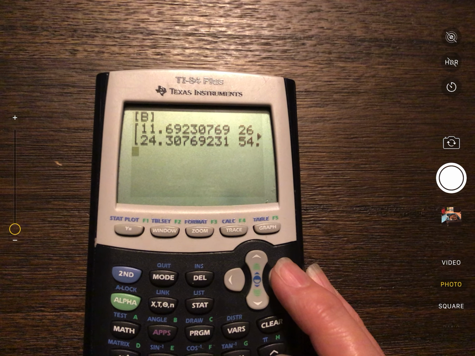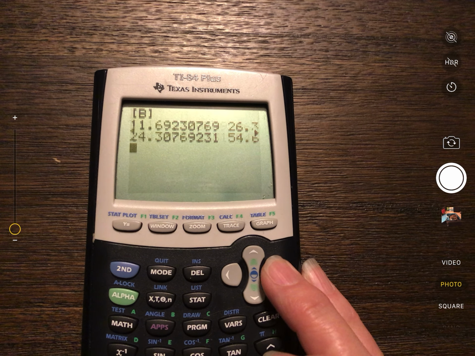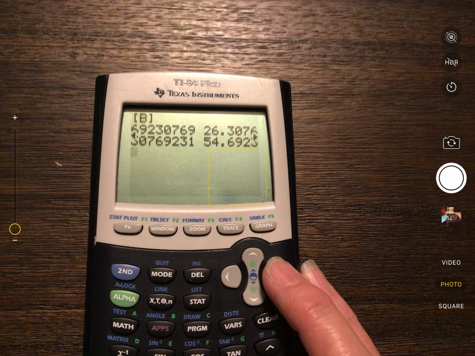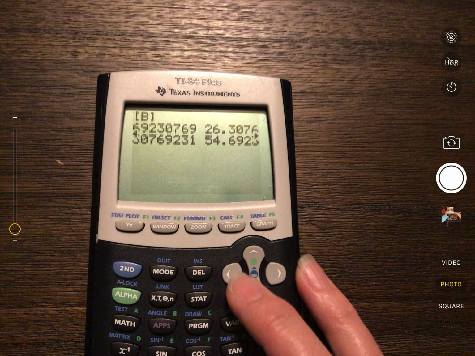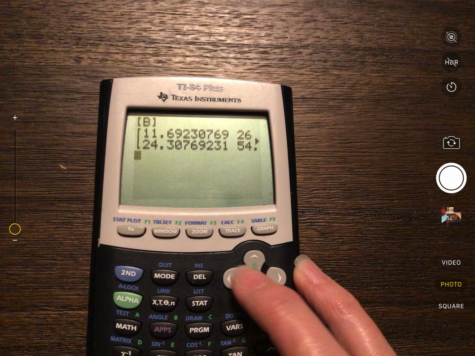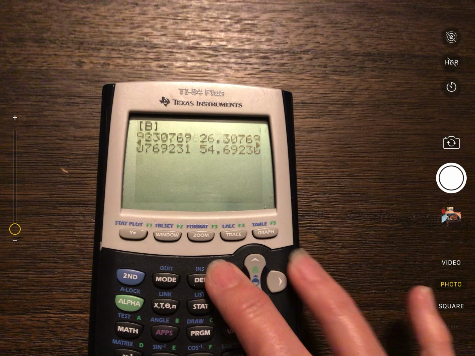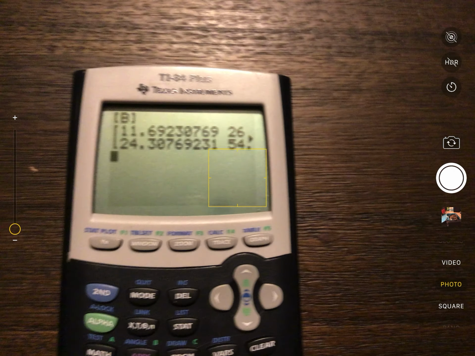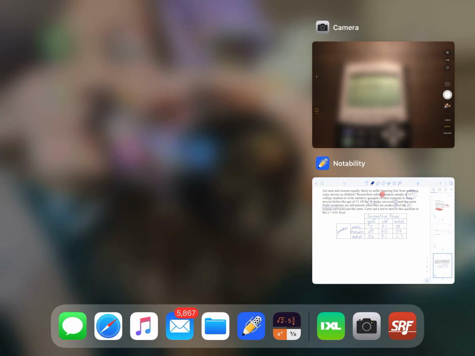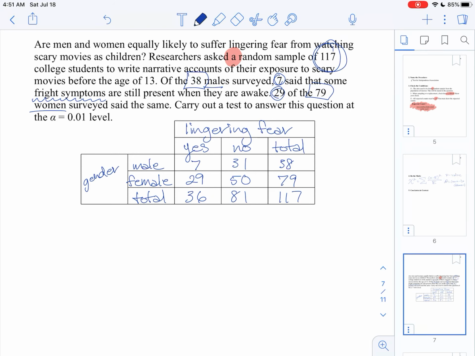B is 11.623, and then 26.308, and then 24.308, and then 54.692. So those are obviously all greater than or equal to 5. So let me go back and write these down in the table.